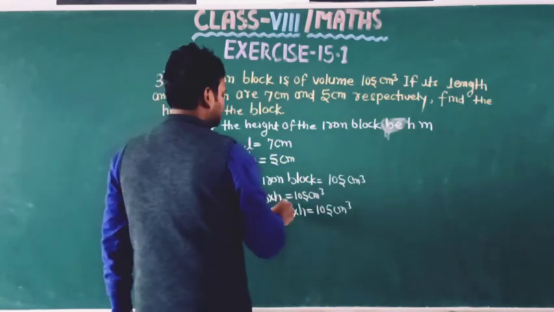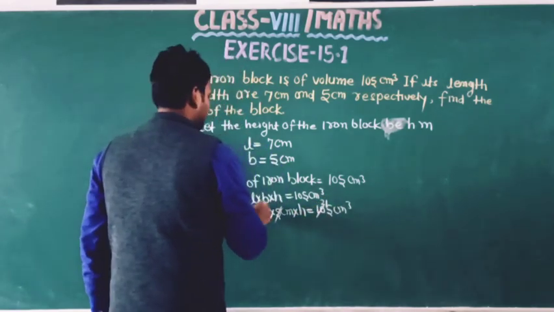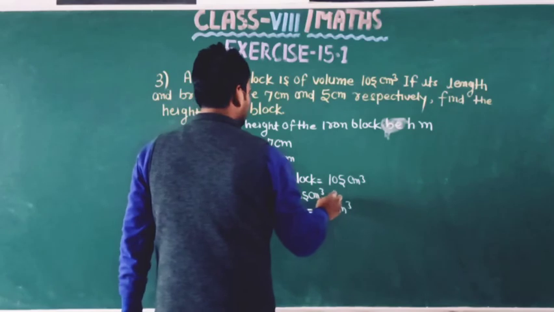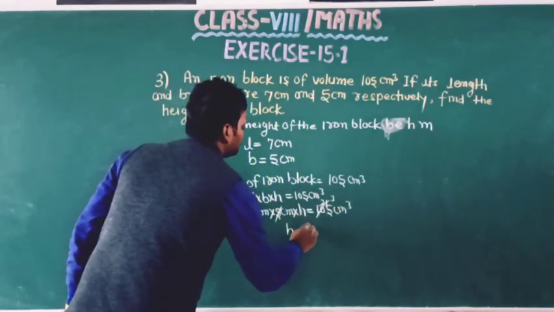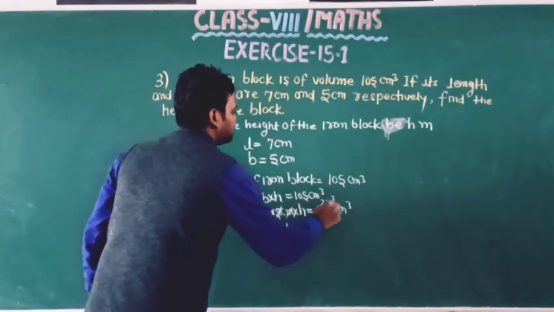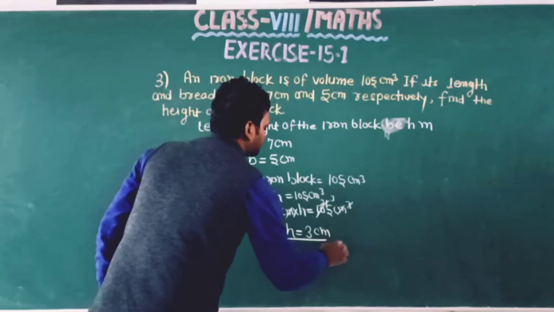Now simplify: 5 times 7 is 35, and 35 times 3 is 105. So height equals, centimeters cancel out, 3 centimeter.